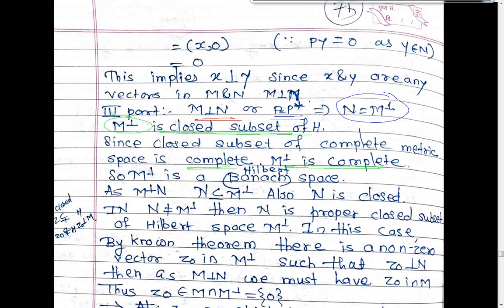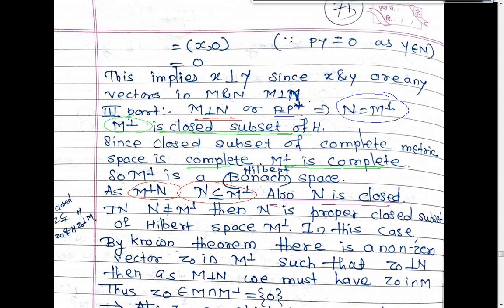As M is orthogonal to N, N is a subset of M perpendicular, that is the orthogonal complement of M. Also, N is closed because it is a null space, so it is always a closed subset.